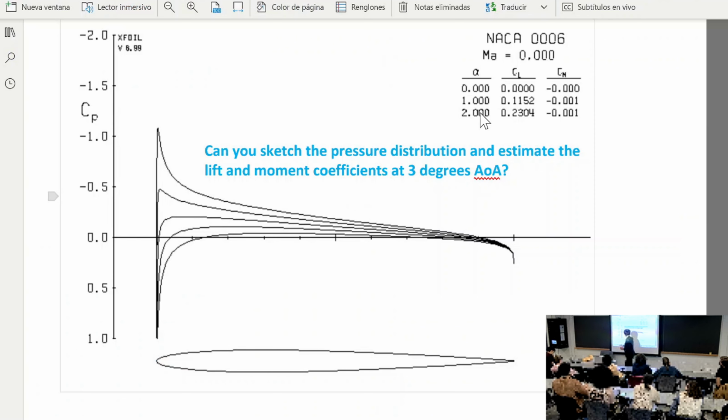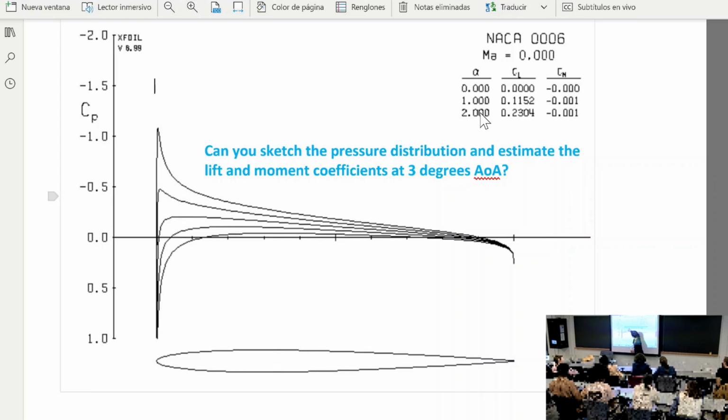So that's what you see here, right? The middle one corresponds to 0 degrees angle of attack, and this corresponds to 1 degree, and that corresponds to 2 degrees. And for 3 degrees, you add basically the same thing as you change the angle of attack for 1 more degree. So you almost linearly extrapolate, right?